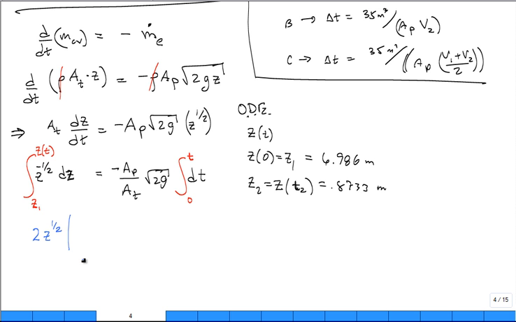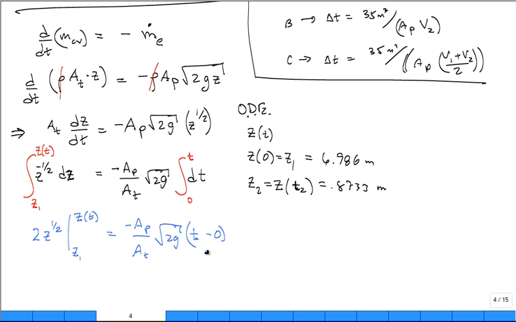Then you evaluate the limits, z initial or z1 and z future as a function of time, equal to minus area of the pipe, area of the tank, square root of 2g, and then you have time minus 0 or just the future time.